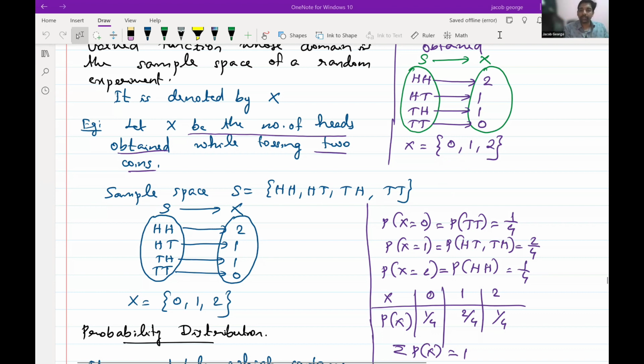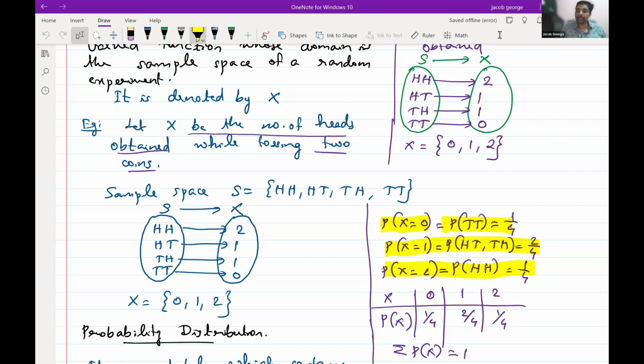So I am reading it from here. P of X equal to 0, P of X equal to 1, P of X equal to 2. That means after writing the random variable, we write the probability of each value. Is it clear that P of X equal to 1 means getting 1 head, means HT and TH, 2 outcomes. So 2 by 4.